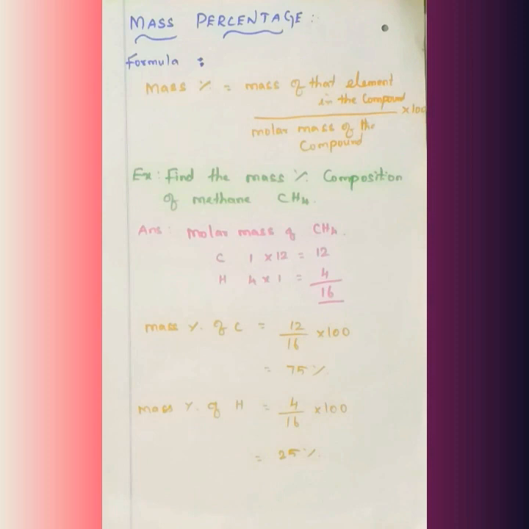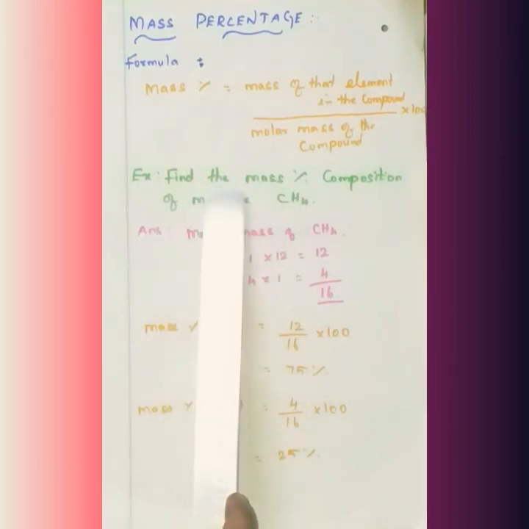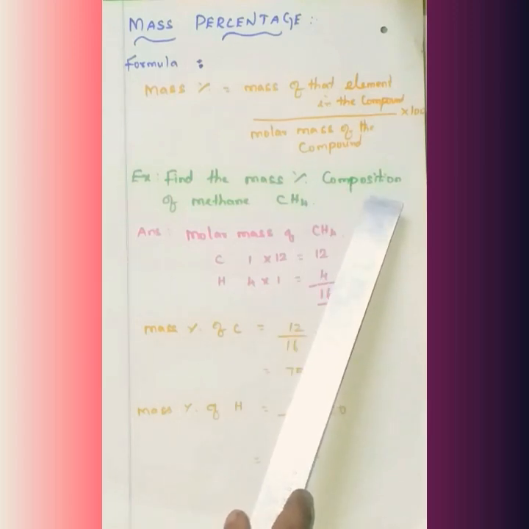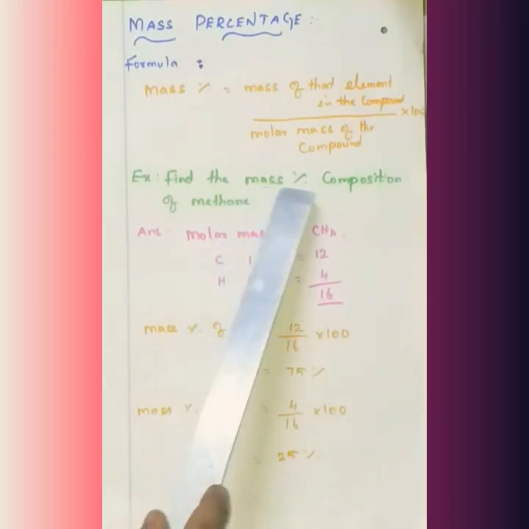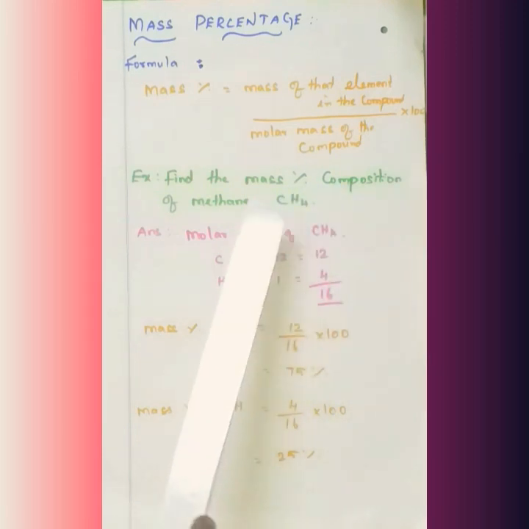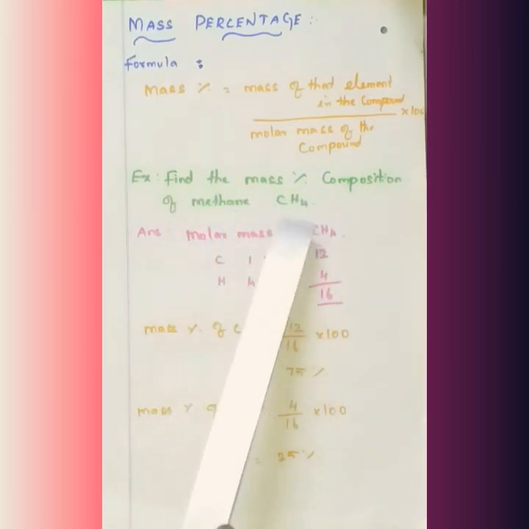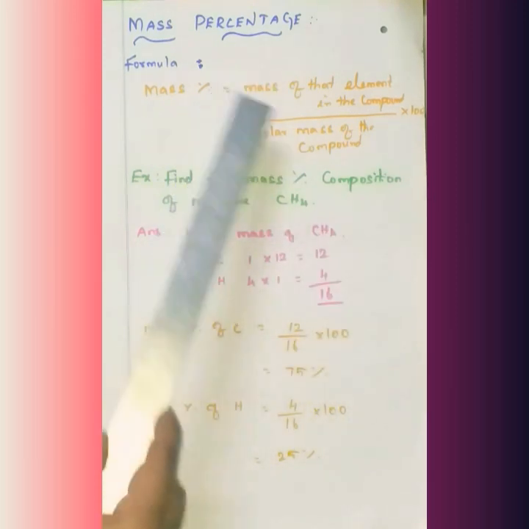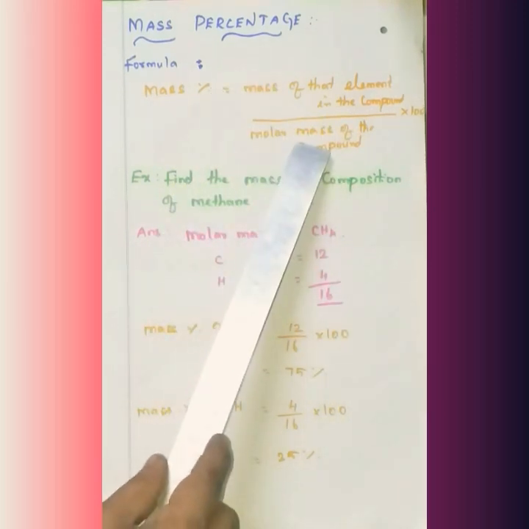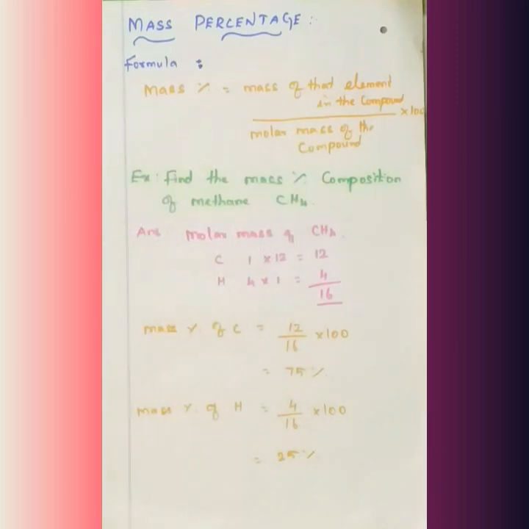Now I am going to explain examples. First question is, find the mass percentage composition of methane, CH4. See, mass percentage composition is asked. So we have to know the formula for methane, CH4. We know the mass, but we don't know the molar mass. So in the first step, how do we calculate the molar mass?